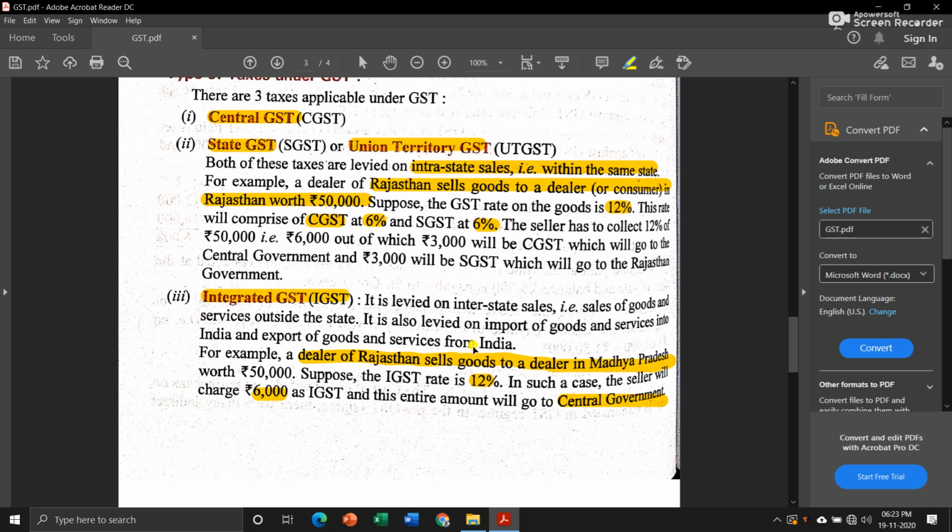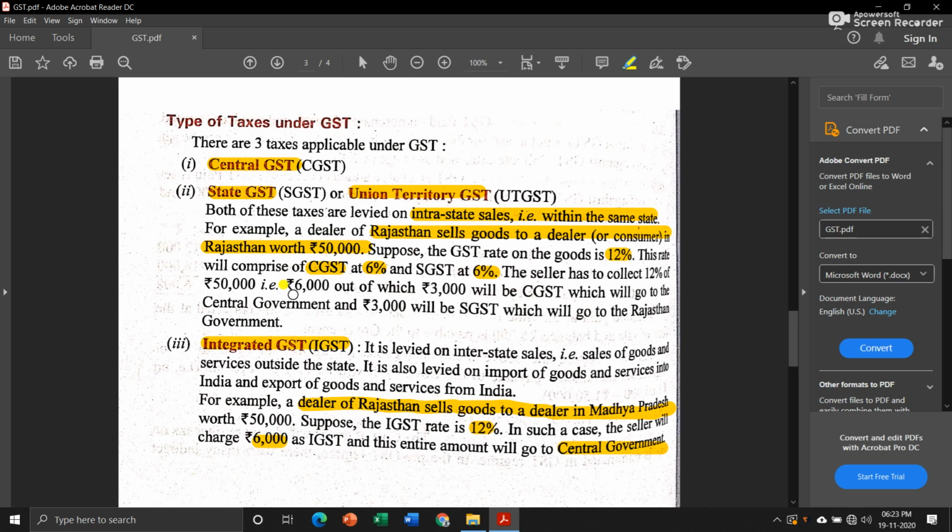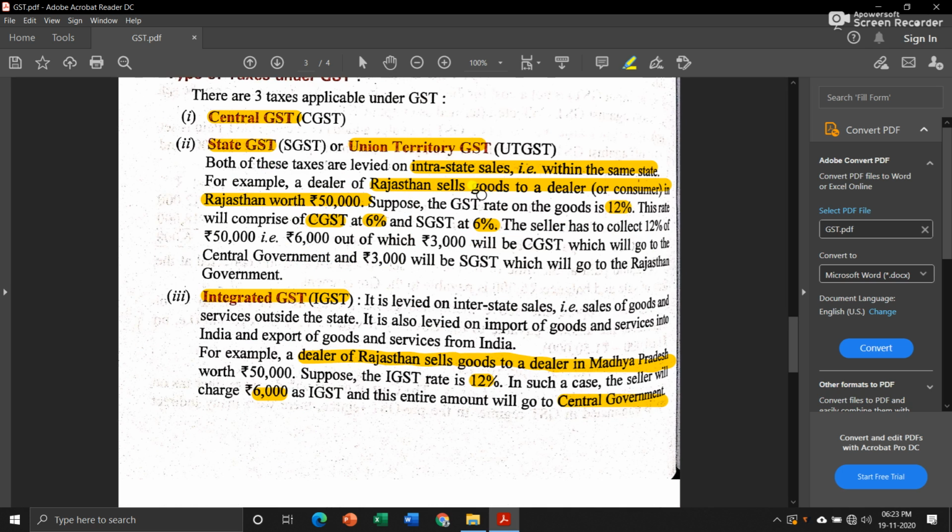So the important point that you have to remember under this topic is that if the sale is intra-state, that is if the sale takes place within the same state, then the GST amount will be divided into two equal parts. One part will be for central government and one part will be for state government.